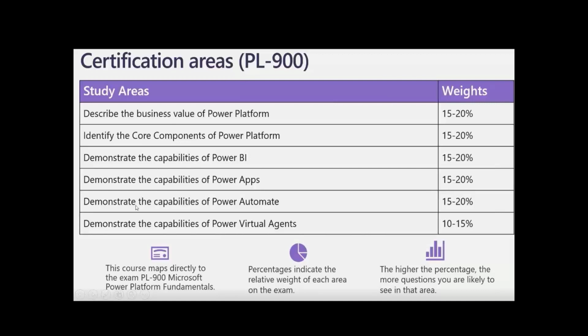That is another module. And then we have Power Automate, which earlier we used to know as Power Flow. That is also going to cover 15 to 20%. And the last one is Power Virtual Agents, where we build chatbot apps, and that is going to cover 10 to 15% of questions from the complete exam.